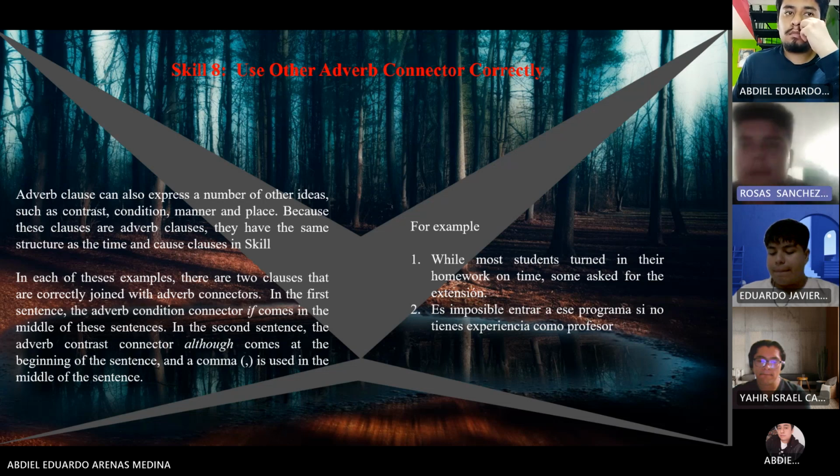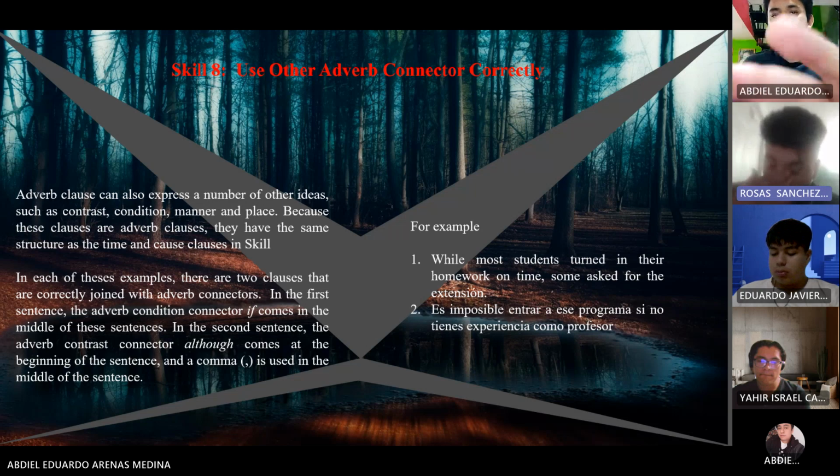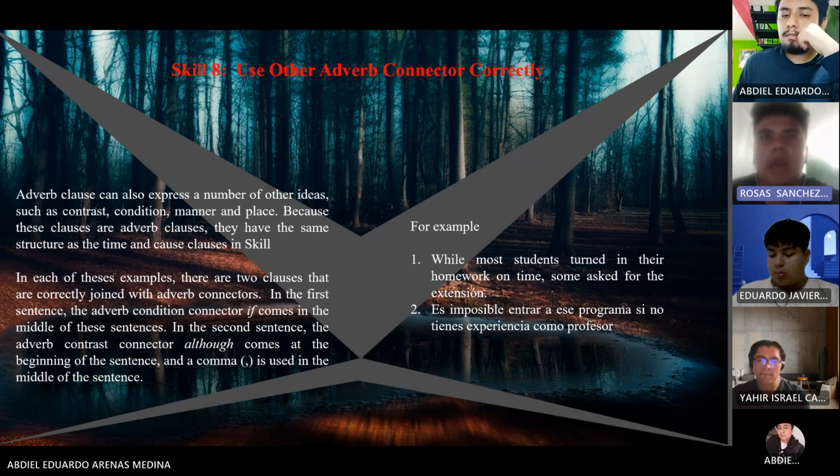And second: it is impossible to enter the program if you do not have experience. Why? Both the first and second clauses have a subject and a verb and the connector. Yes, it is correct too. Next, please.